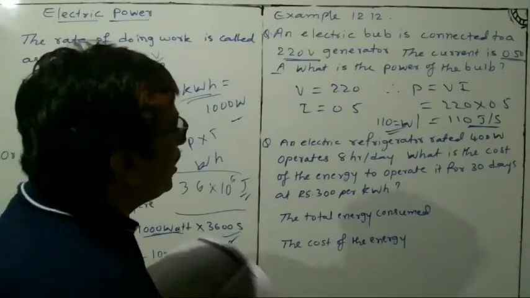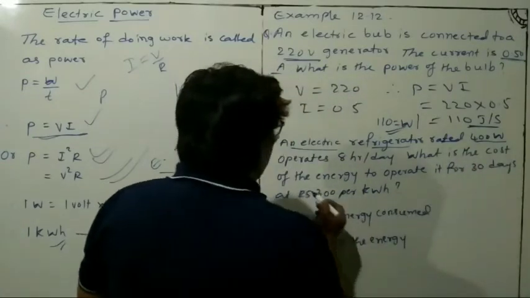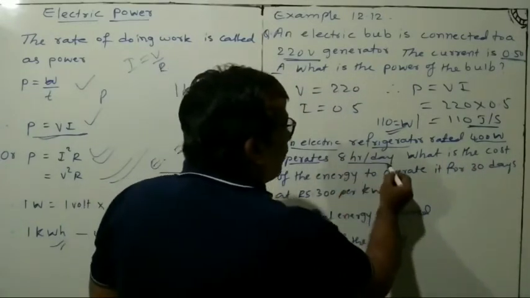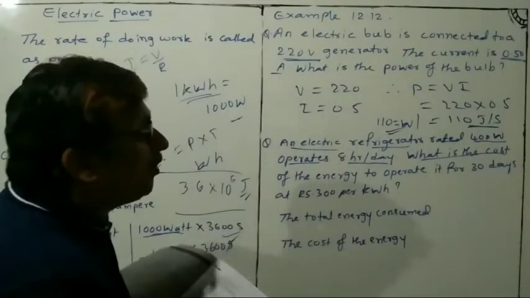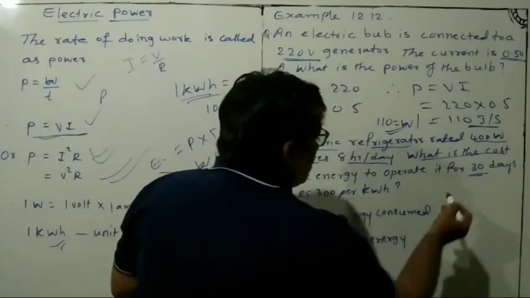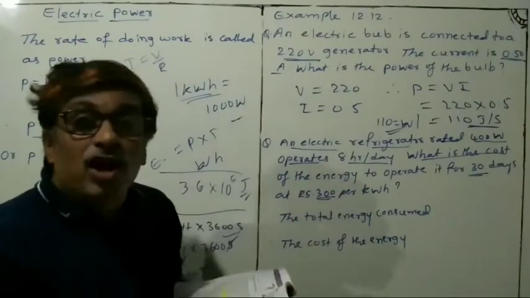So next question, you see: an electric refrigerator rated 400 watt operates 8 hours per day. What is the cost of the energy to operate for 30 days at rupees 3 per kilowatt hour?